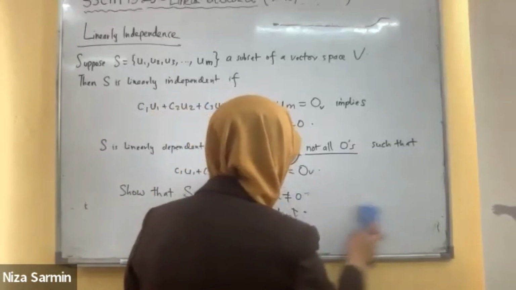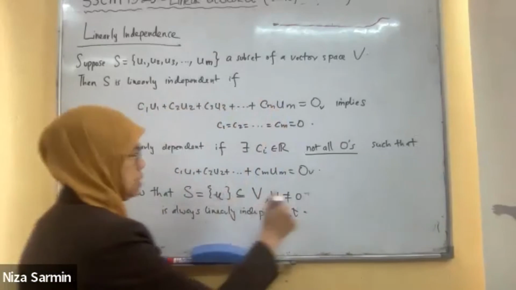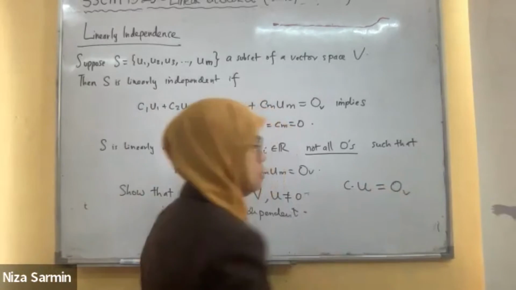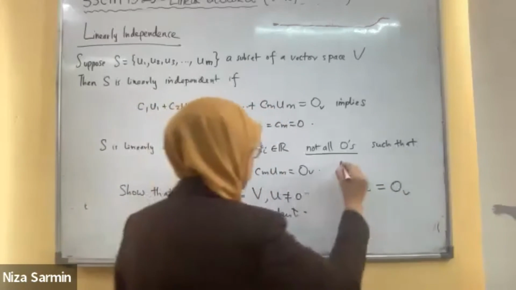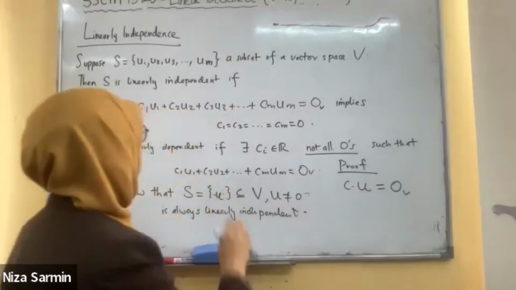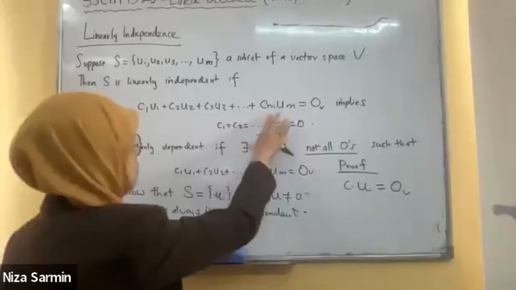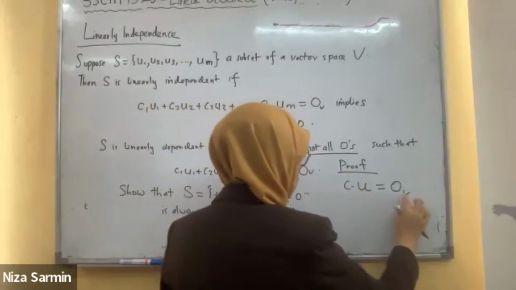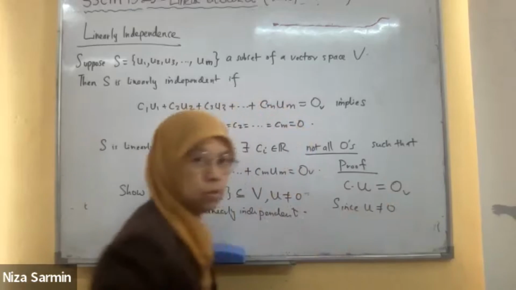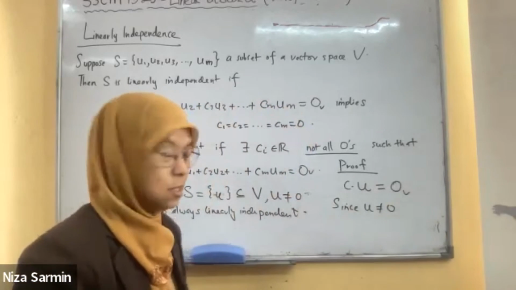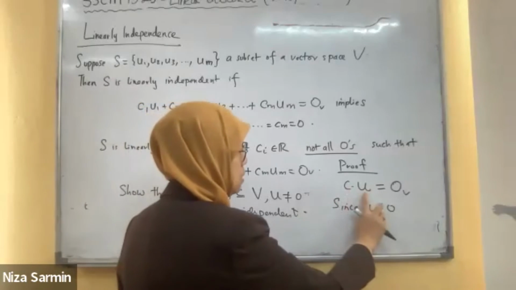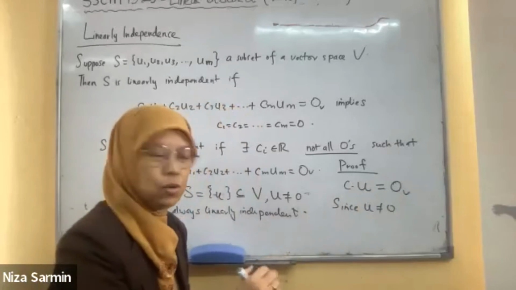So what you should do is you multiply C by u equal to 0. So this is the proof. Because of the definition, you multiply by C, u equal to 0. Since u is not 0, that is from the question, right? Since u is not 0, you multiply C by not 0, you want to get it equal to 0.